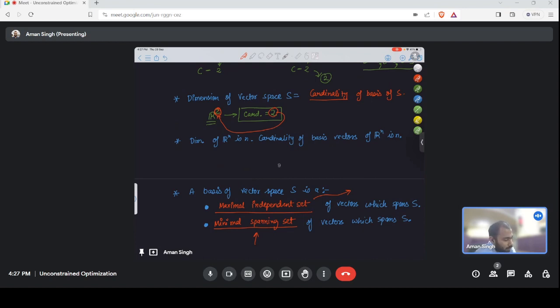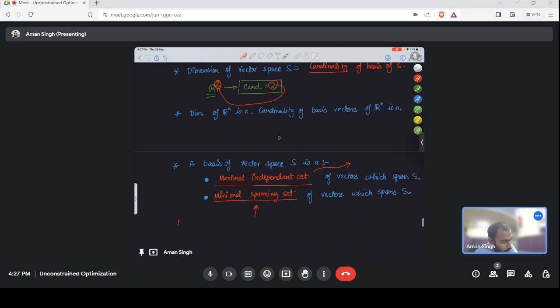So for example, in R square, we saw (1, 0) and (1, 1) as one of the basis sets. So these are the maximal independent sets.